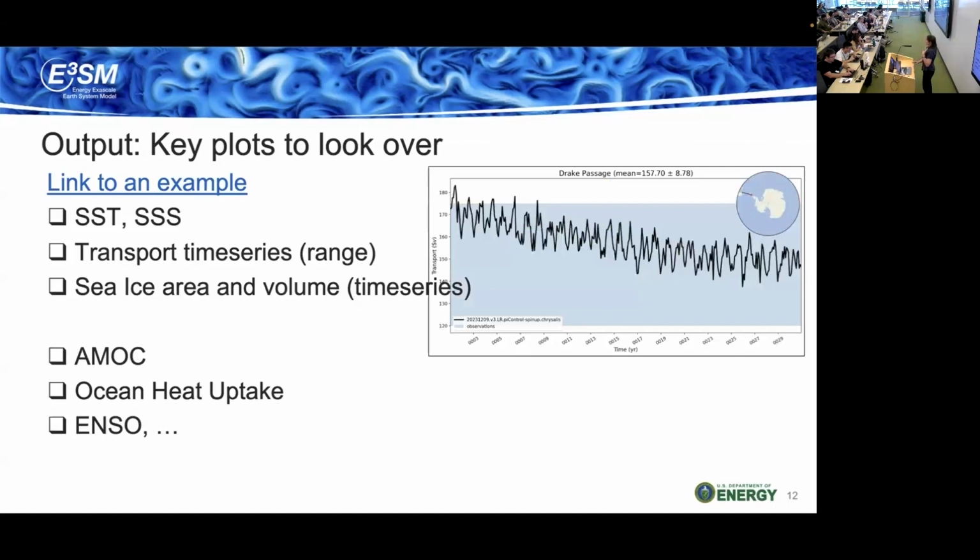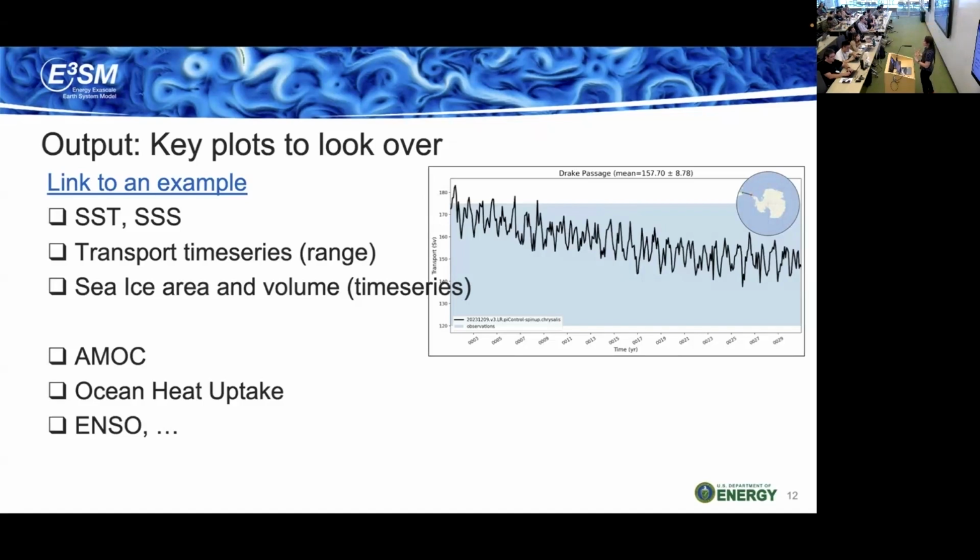You can look at time series of transports in particular locations. So you see here, you have a little inset plot where you look at, this is the section that we're looking at. This is the Drake Passage. So you have Antarctica to South America.